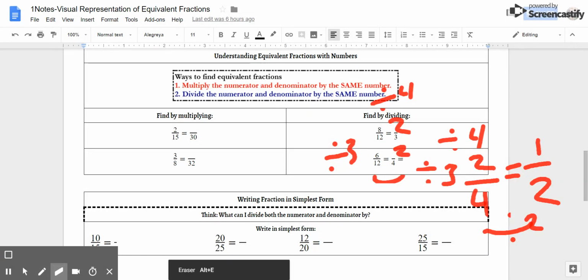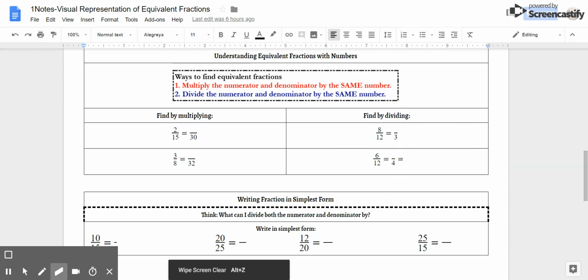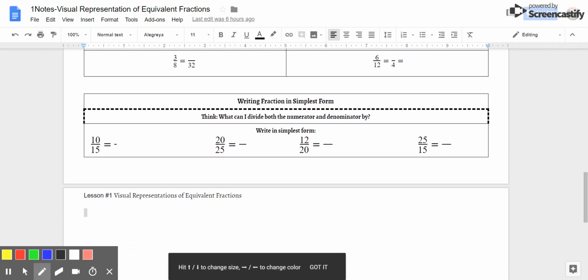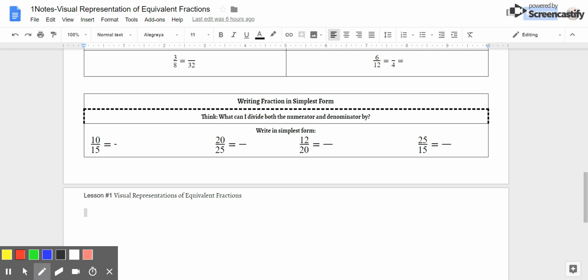Again, if you need to stop to write anything down, please do so. And then here are our examples of writing a fraction in simplest form. Simplest form means I can't write the fraction any more efficiently. So there's a better way to write 10 out of 15.